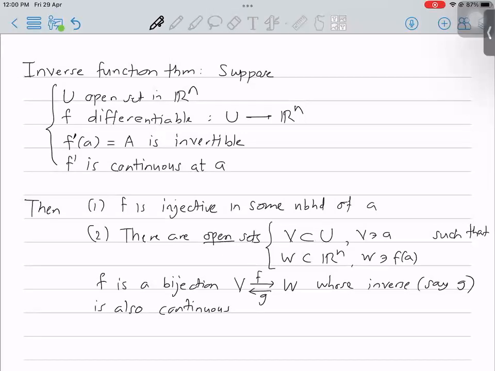A continuous function, even if it is invertible, it's not necessary that its inverse be continuous. This may be a new phenomenon if you have not seen this before. For example, if I have a linear map between two vector spaces, and if the map is invertible, then the inverse is automatically linear. That is not the case for continuous functions.